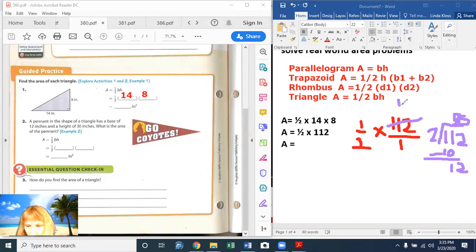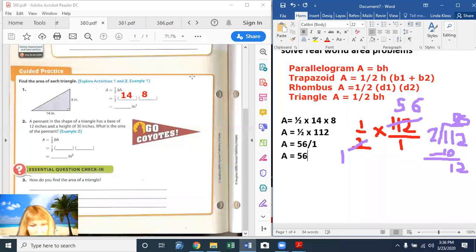So 2 will go into 112, 56 times. 2 will go into itself 1 time. So now my answer is, area is 56 on top and 1 on the bottom. And you can just drop the 1 because 56 over 1 is really just 56.